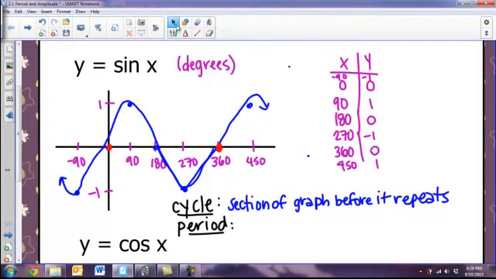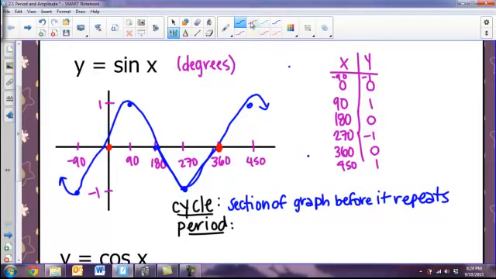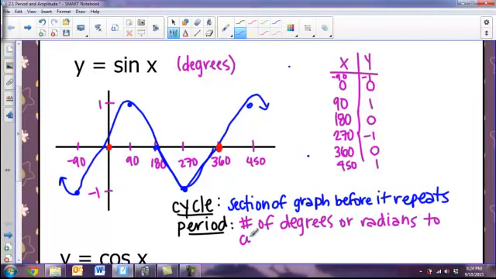I'm going to go ahead and move my equation away. It's in the way. Okay, and so a period is the number of degrees, or perhaps radians, if we go into radians, that complete a cycle.